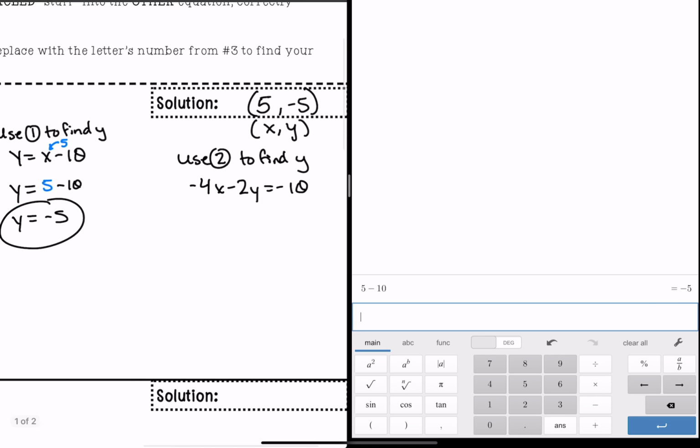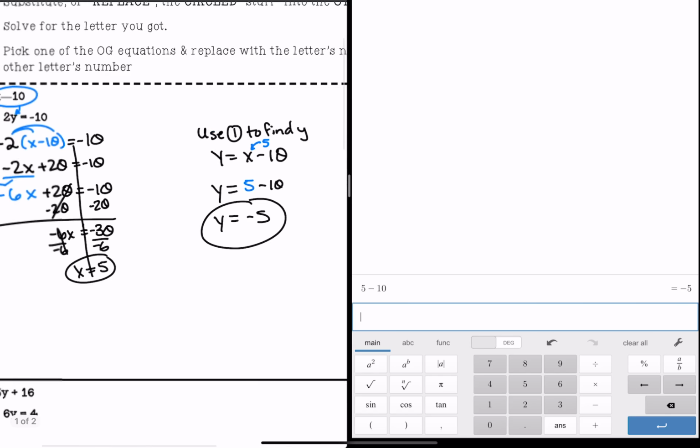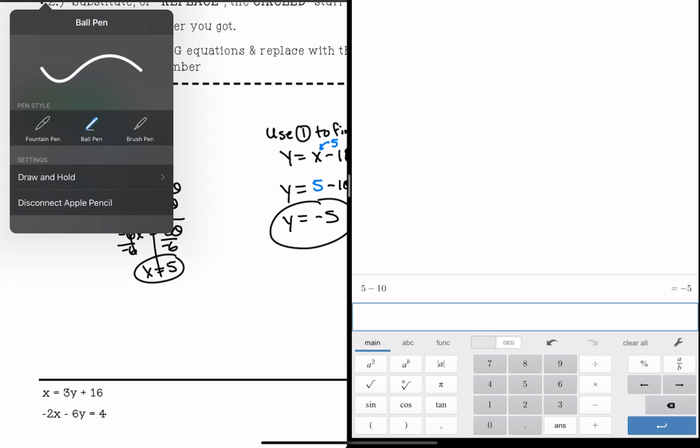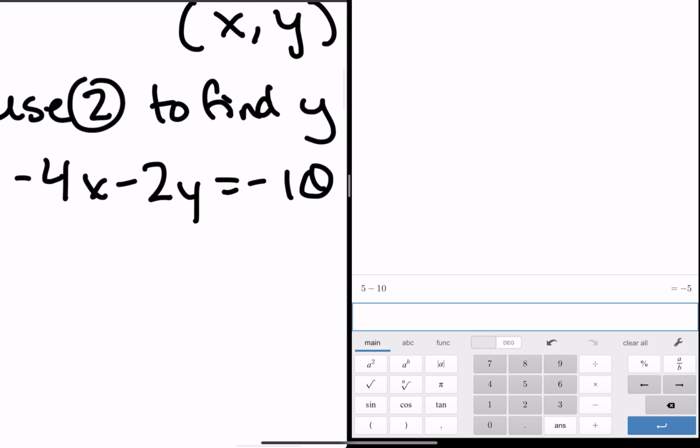But I'm going to use the second equation, to prove to you that it doesn't matter which one you use, whether you use the first one or the second one to figure out your second letter's number. So once again, our x's number was 5, so I'm going to replace this x with a 5.